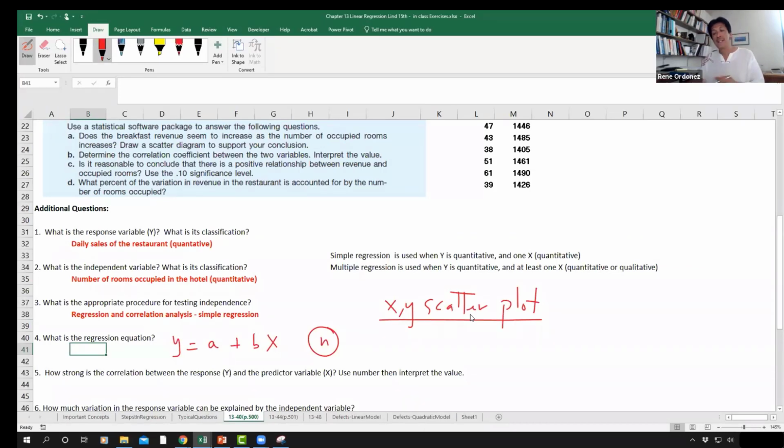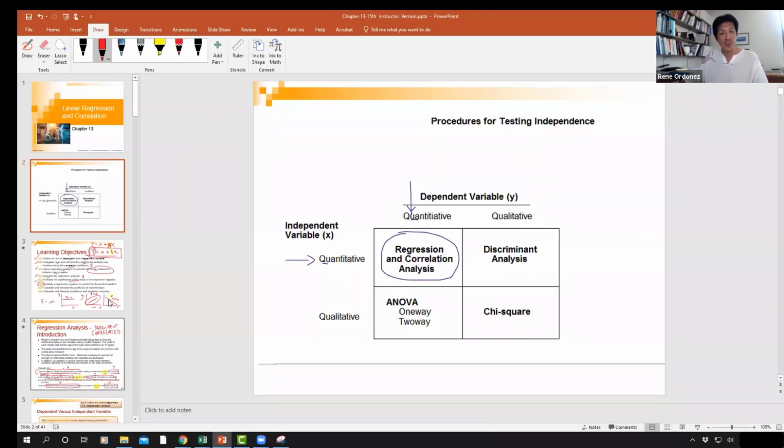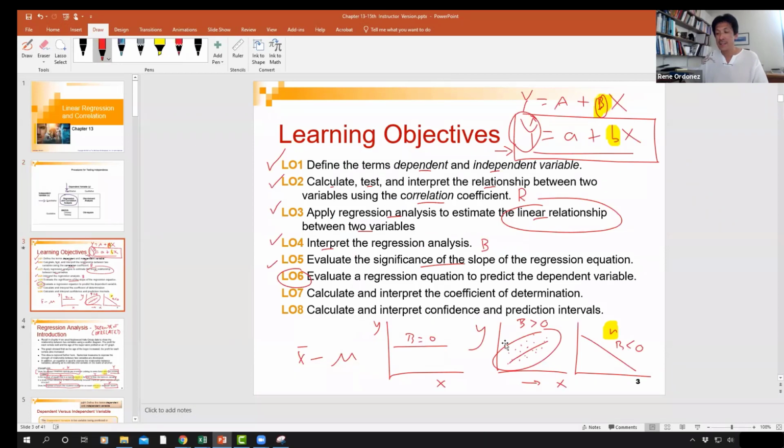Okay? Essentially, we're saying, if you have these XY pairs of data, let's develop a plot, something like this, where each individual pair of observations is plotted on the XY graph.